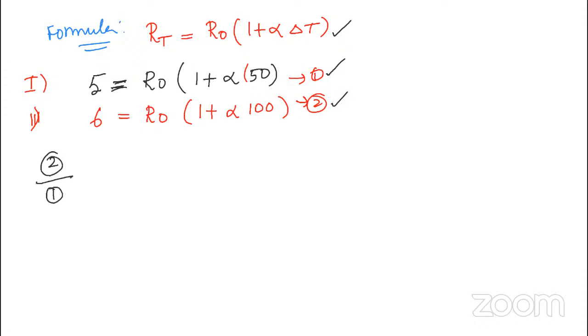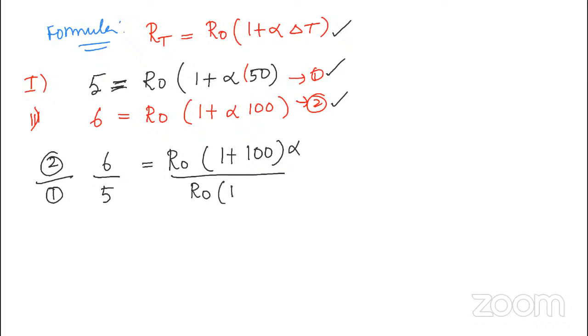Then dividing 2 by 1, for 6 divided by 5 is equal to R naught into 1 plus 100 into alpha, divided by R naught into 1 plus 50 into alpha.